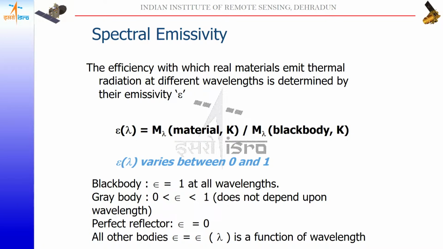So, spectral emissivity is the efficiency with which real materials emit thermal radiation at different wavelengths. As I said, it is a figure of merit, that means it is a ratio.